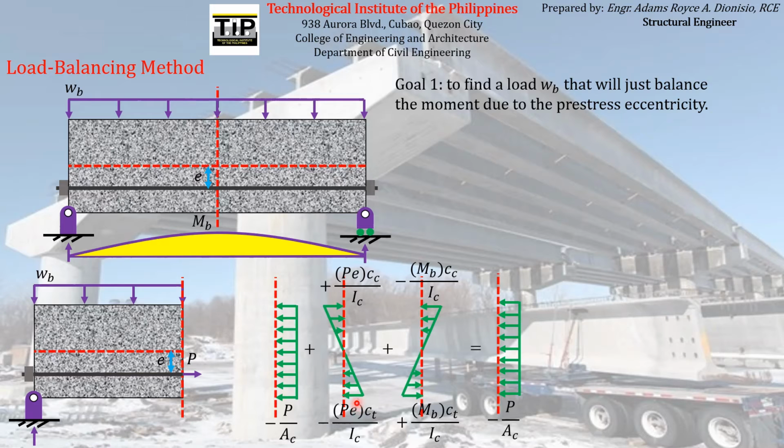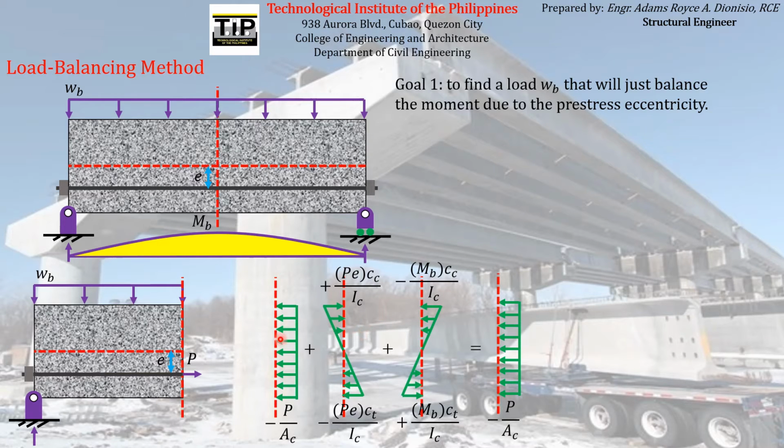Since again, Pe, the eccentric moment due to the pre-stress force acting at midspan, is just balanced by the balance moment due to the applied balance load, and these stresses have equal magnitudes but opposite direction, they will just cancel out each other.